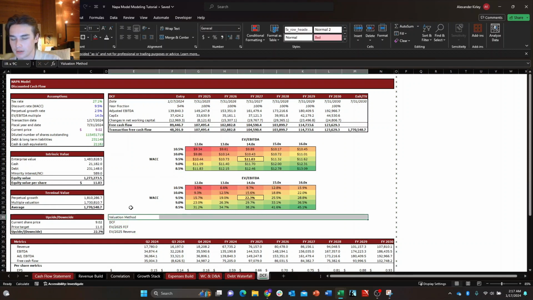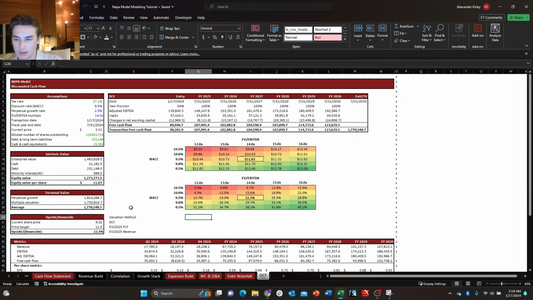So from here, what I'm going to be doing is understanding the multiple, what share price may occur, as well as the upside, downside, and midpoint.